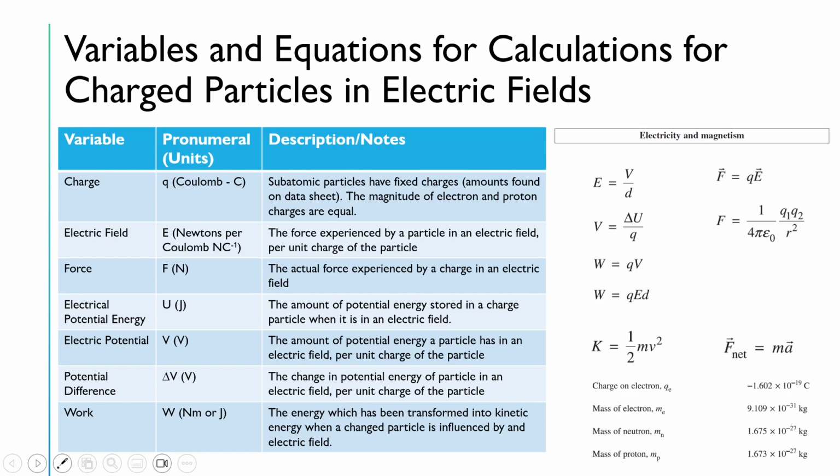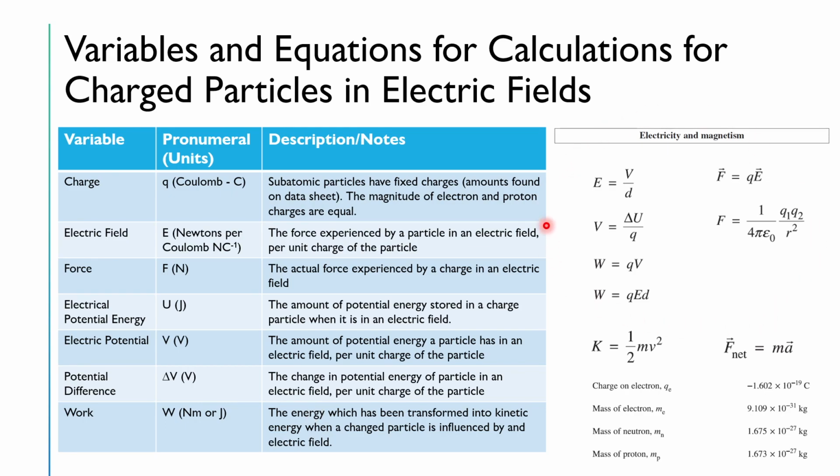So the first slide that I've put together here gives a little bit of a recap of a lot of key concepts that are going to be important to this first inquiry question. First off, I have listed out all of the key variables that are really important to this topic, the corresponding pronumerals and units of measurement, and then a brief description or some additional notes to help you remember what some of those variables are all about.